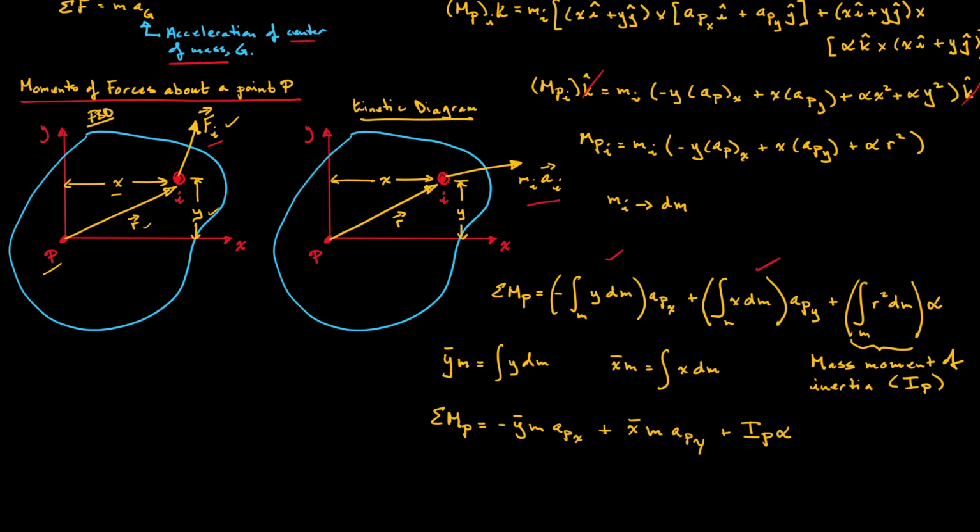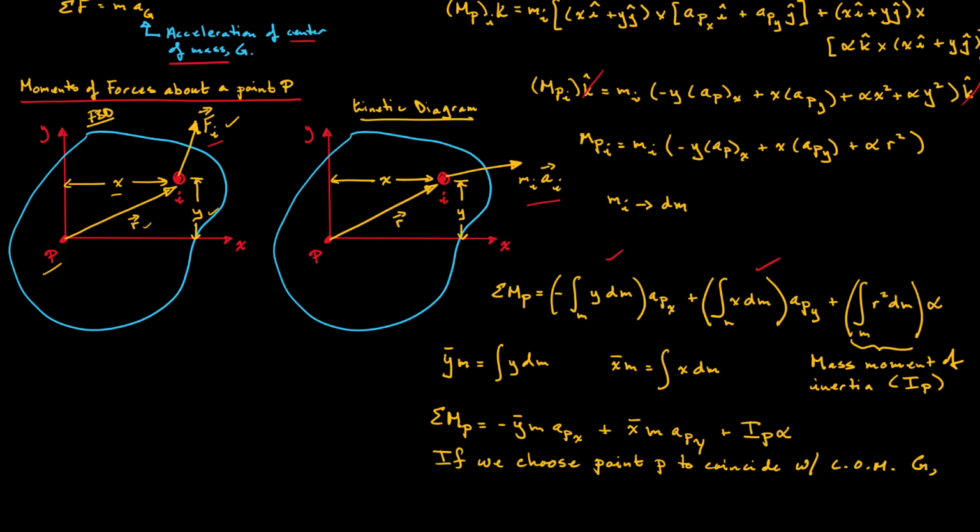Now, if we choose point P to coincide with the center of mass, which we call G, what will we obtain?